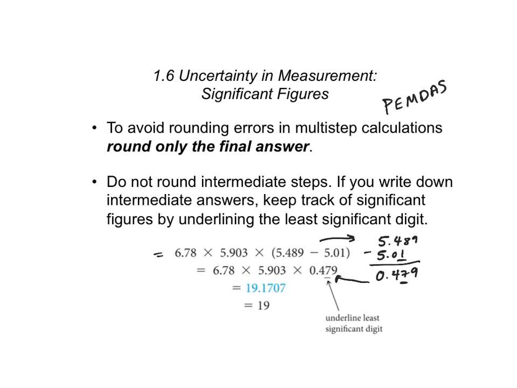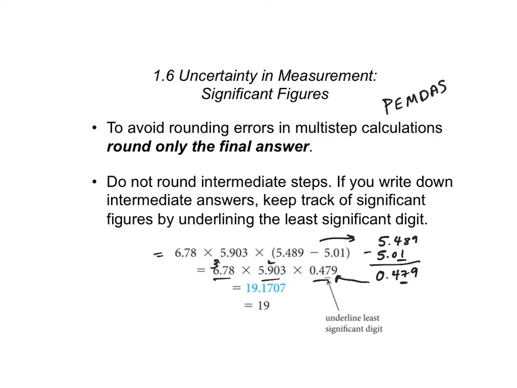So now, after I've done the subtraction, I've got a number times a number times a number. Which rule am I going to use to figure out how many sig figs I have? The first rule, where we're counting the number of sig figs, and the answer is going to have the number with the fewest. So I've got a number with 3 sig figs.